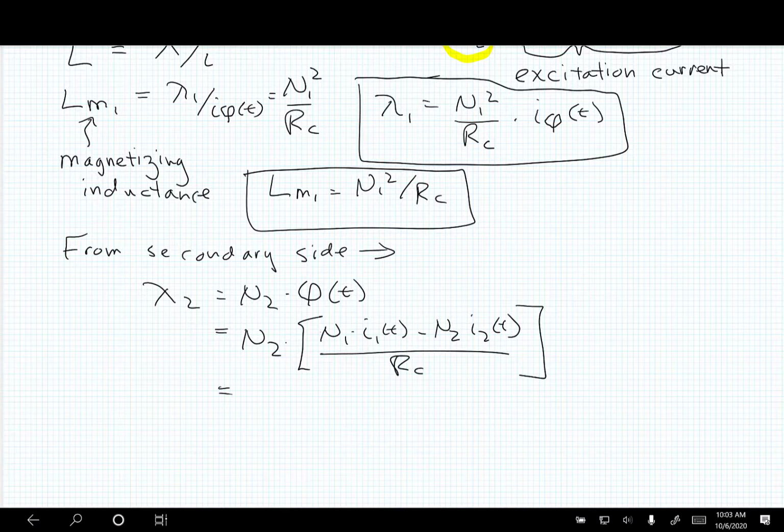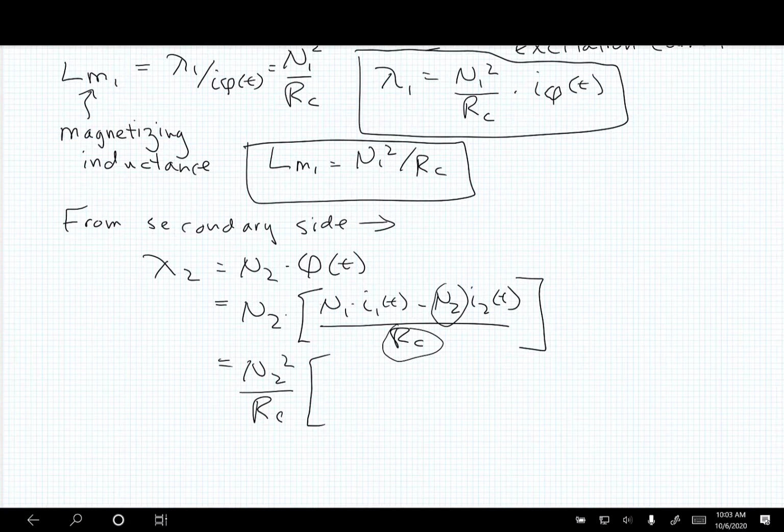In this case, I'm going to pull out the N2 and pull out the RC. So I'll have N2 squared over RC, and that gives me N1 over N2 I1(t) minus I2(t).